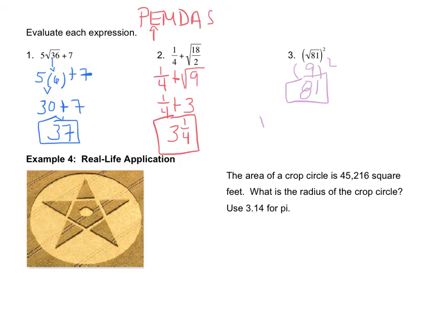So remember, square root undoes the square, and the little square undoes square root. They are inverse operations. So when I see something that is being square rooted and then squared, it just becomes the radicand, which is underneath.